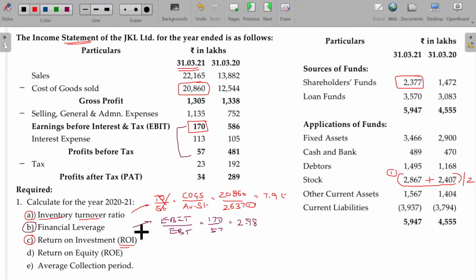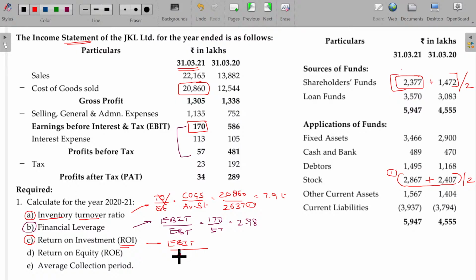So you can take your own option. Here, EBIT divided by investment. Maybe you can take the opening or closing or better, since you have been given 2 years, you can add up these two and divide this by 2.